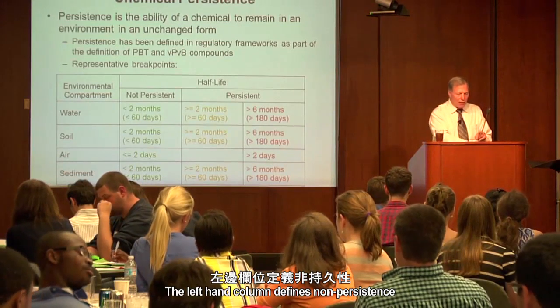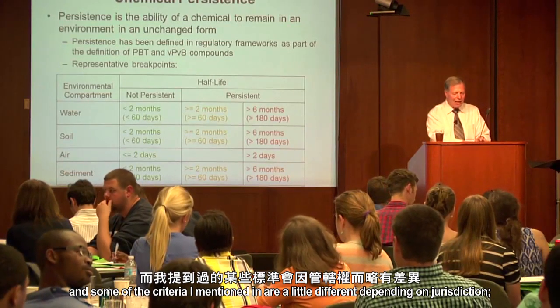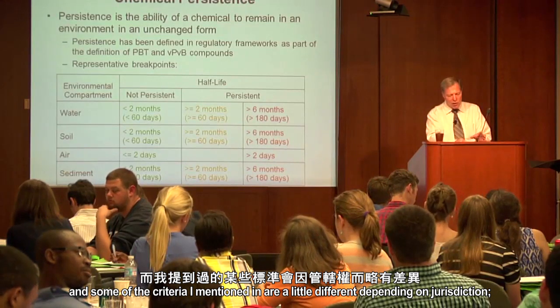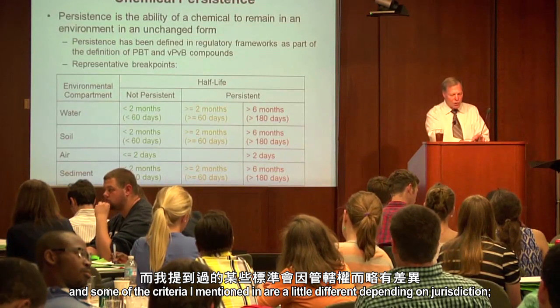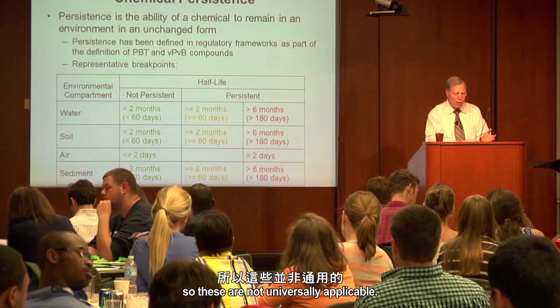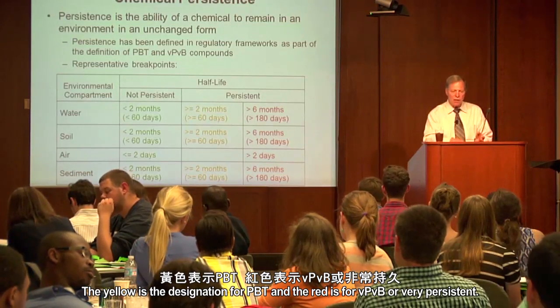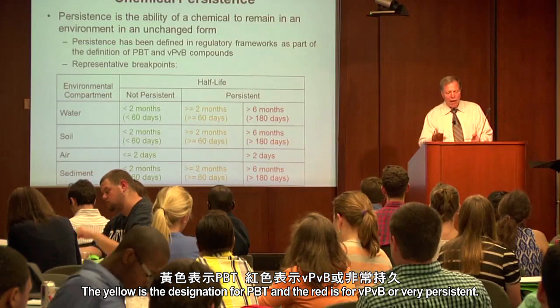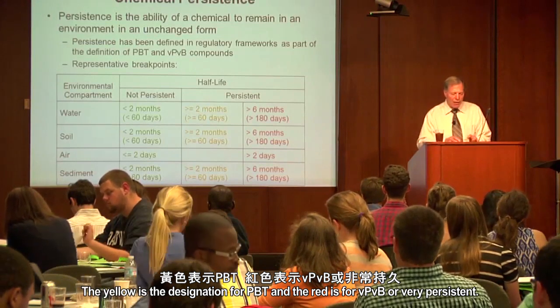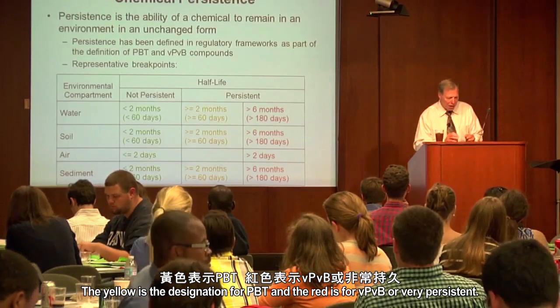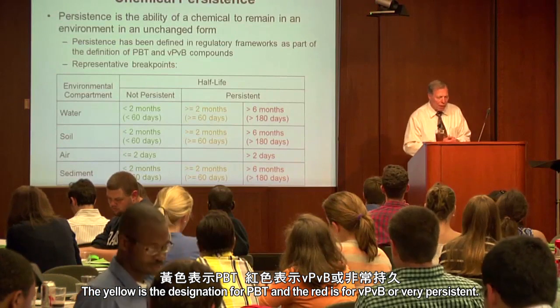The left-hand column defines not persistence, and some of the criteria, as I mentioned, in different jurisdictions are a little different, so these are not universally applicable. The yellow is a designation for P, and the red, you move on, and that is the V, so very persistent.